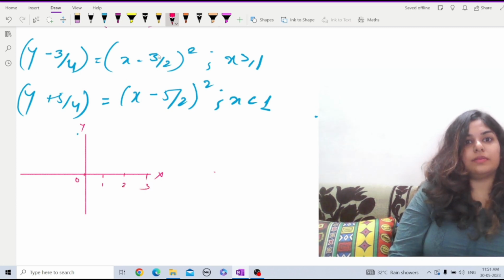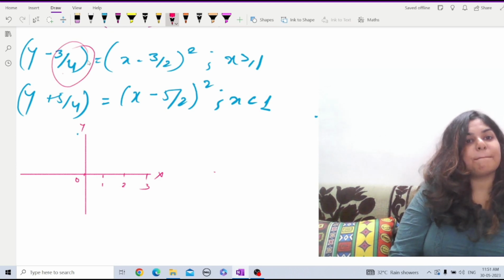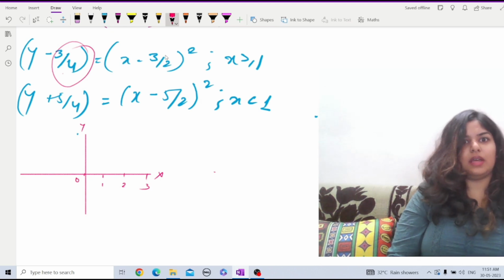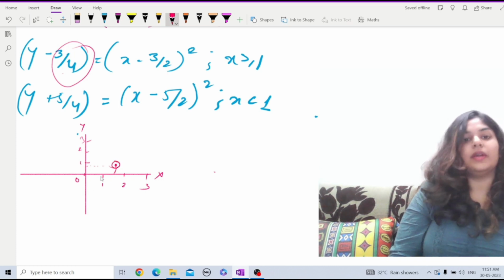Now here it's clear that the coordinates will be, this one is 3 by 4. 3 by 4 means around 0.7, and this is 3 by 2 is 1.5. So we are talking about a point here. So this is 1, 2, 3. So somewhere here and here. So this is the coordinates here, right?